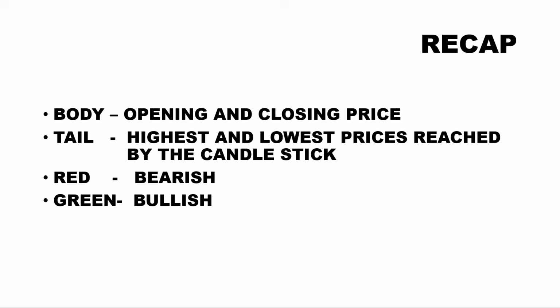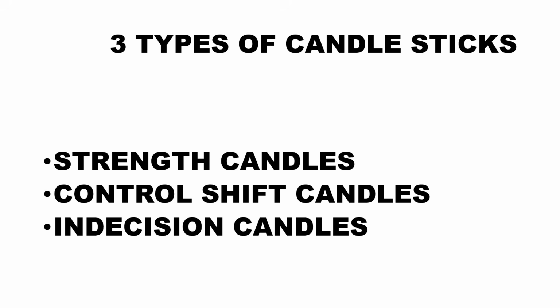The body shows the opening and closing price of the market for a specific interval, let's say H4 or M15. The tail shows the highest and the lowest price reached by price during a specific interval. And red means bearish, green means bullish.